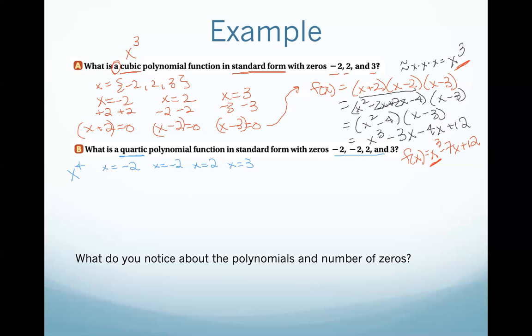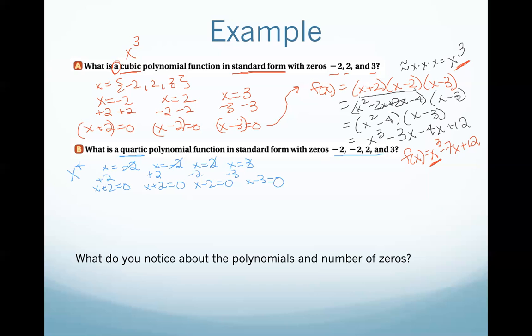If I add 2 to both sides, x plus 2 equals 0. Again, add 2 to both sides, x plus 2 equals 0. Subtract 2 from both sides, x minus 2 is 0. Subtract 3 from both sides, x minus 3 equals 0. If you're tempted to skip the step that I just did, I would warn you against it, because a lot of times we end up forgetting to switch signs.